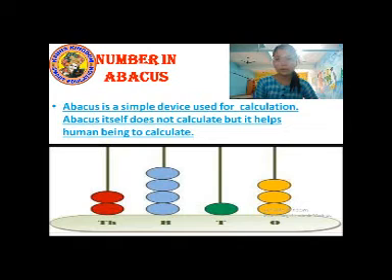And how many beads are there in the ones place? 3. It means this picture represents the number 2413.